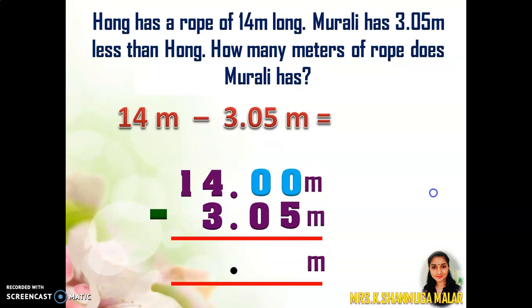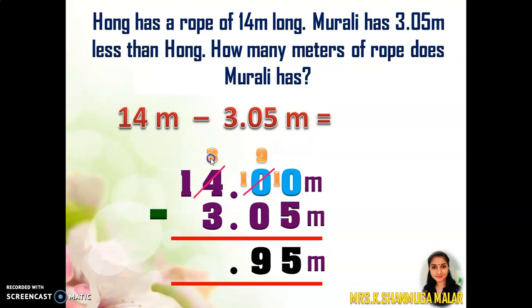0 minus 5, we can't, so we must borrow. But here we have 0, so we must borrow from this 4. 10 minus 5, we get 5. Here we have 9, so 9 minus 0, we get 9.